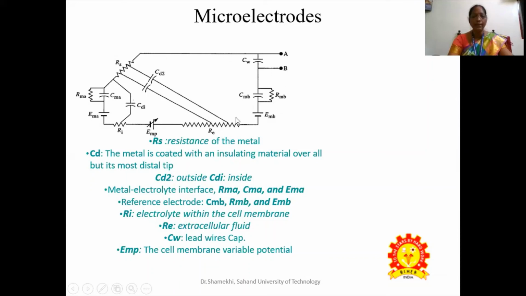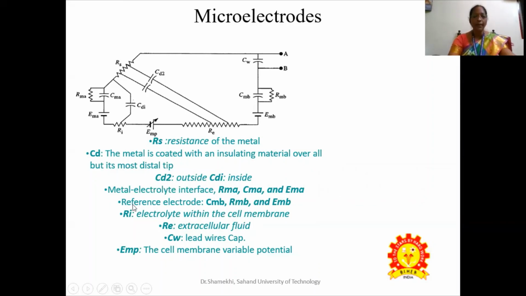These are the equivalent circuits of the electrodes placed on the skin, given as equivalents of passive components like resistances and capacitances, showing how the body exhibits potentials when it comes in contact with the electrode electrolyte. They are put into an equivalent circuit of series resistances and capacitances, the metal coated with an insulating material overall, but the distal tip is exposed.